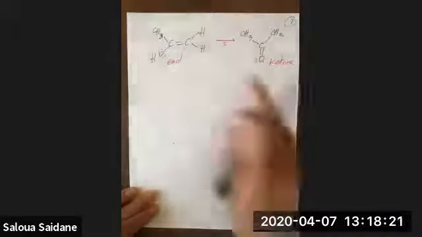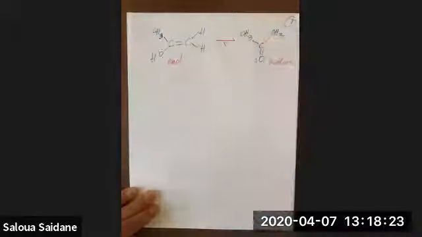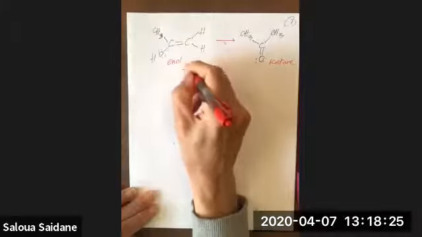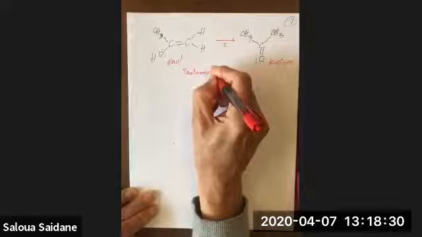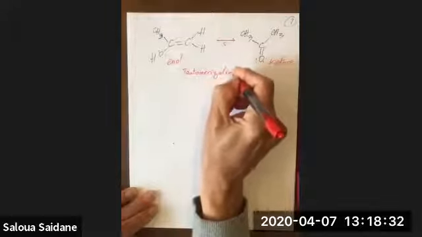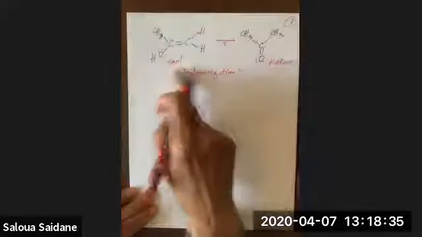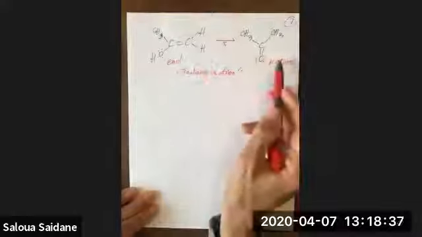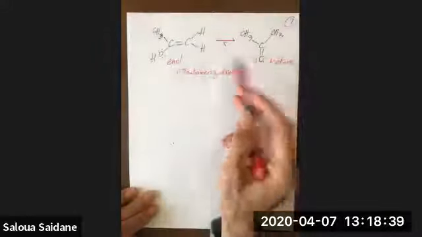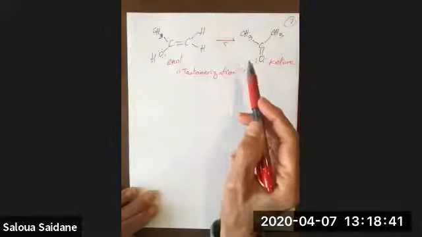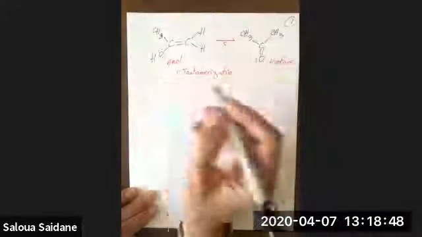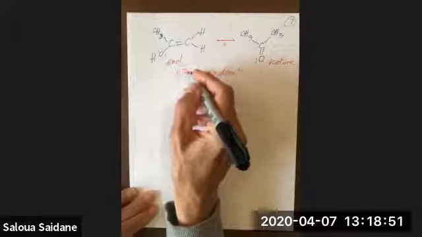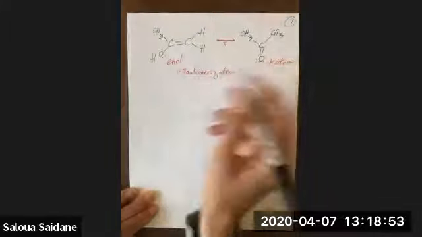And this process, going from enol to ketone, is called tautomerization. The enol and ketone are considered tautomers. So what is tautomerization? It's really the keto-enol interconversion.